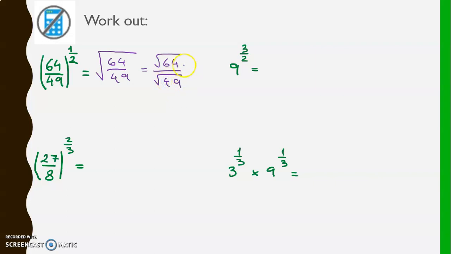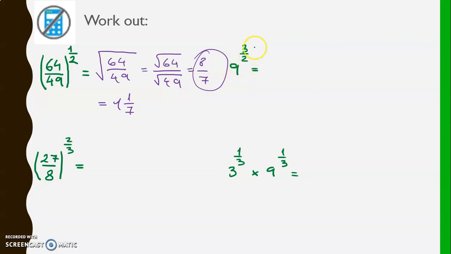Square root of 64 is 8, square root of 49 is 7. You could say 8 over 7 is the same as 1 and 1 over 7, but you can leave it like that, so don't worry about it.